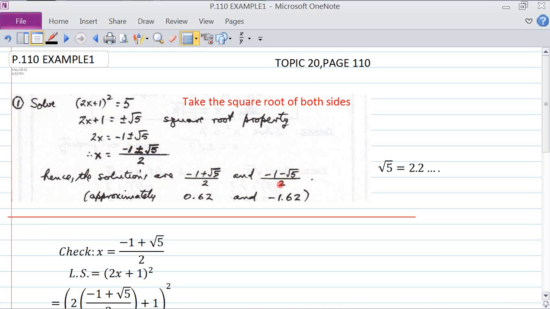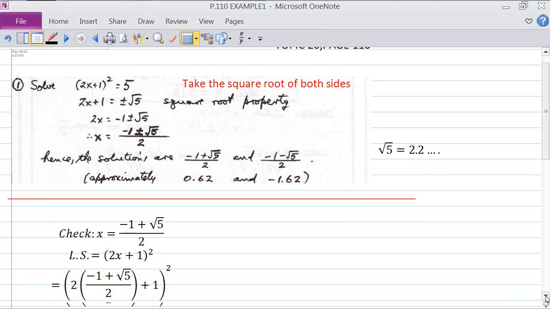Minus 3.2 divided by 2 should give us minus 1.6. I think this should be a 1 here. Anyway, so those are the two solutions. This is what we call an exact solution right here, because we're not calculating, and this is an approximate value.